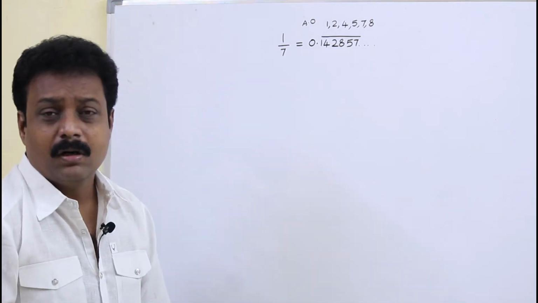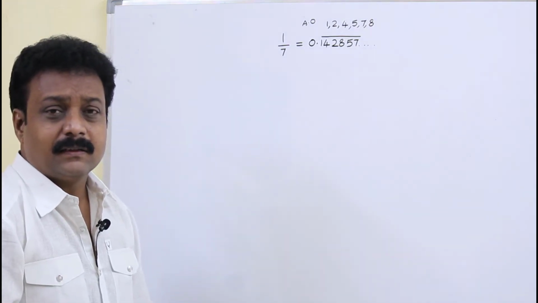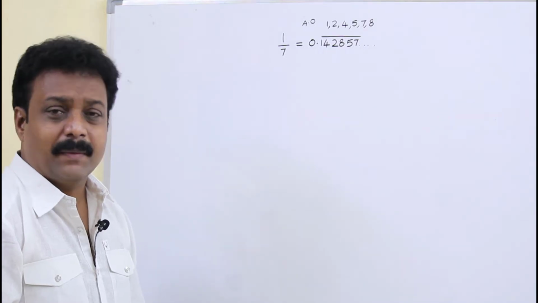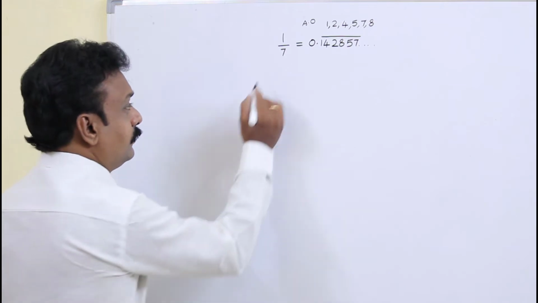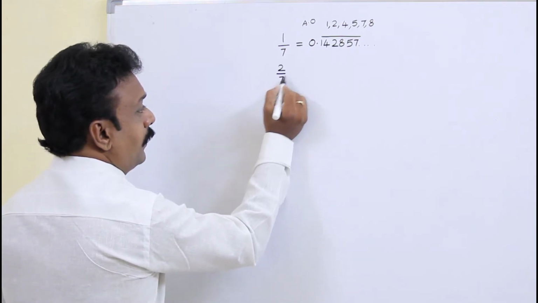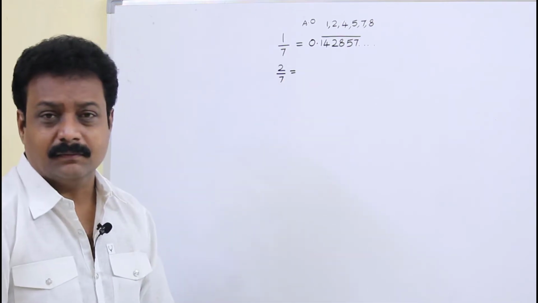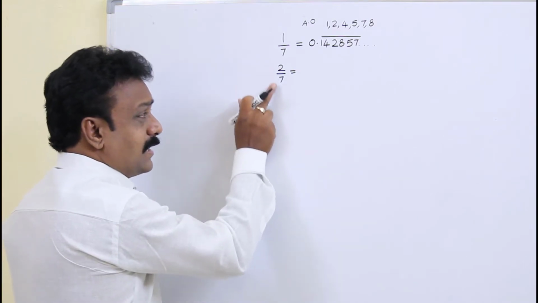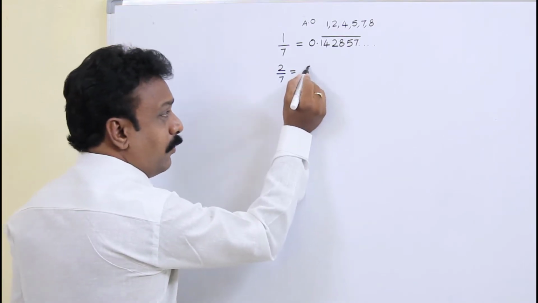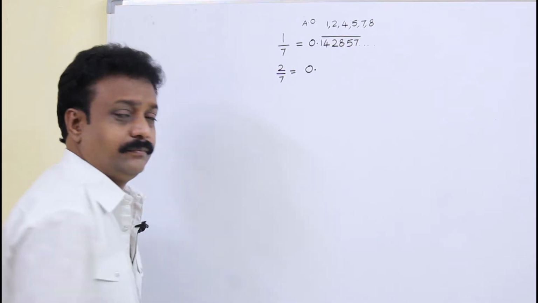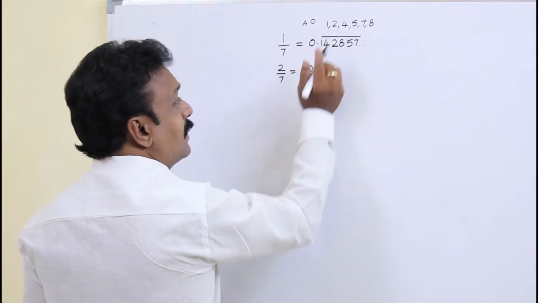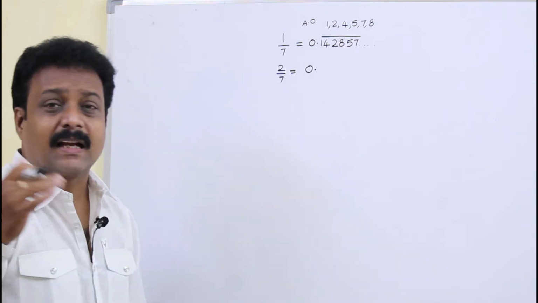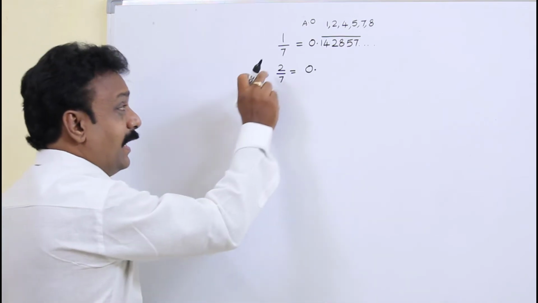Okay, now to find 2 by 7, that means dividing 2 by 7, you have to do nothing. Here 2 is less than 7, therefore we write 0 point. Now here it is 2. Let us see what is the second smallest digit. Here it is 2.